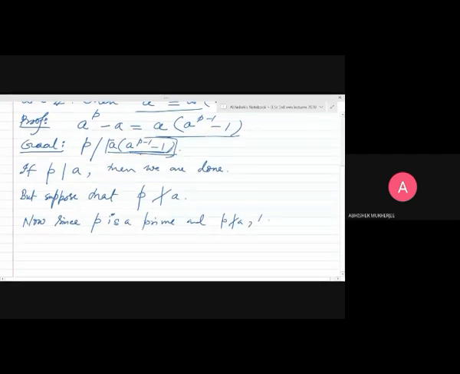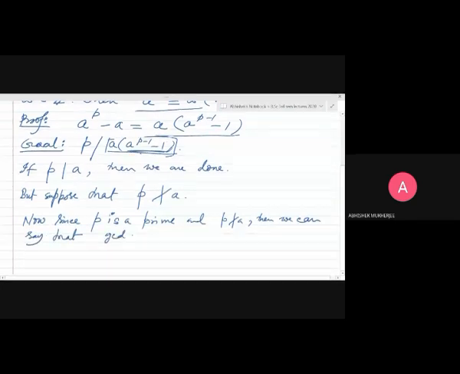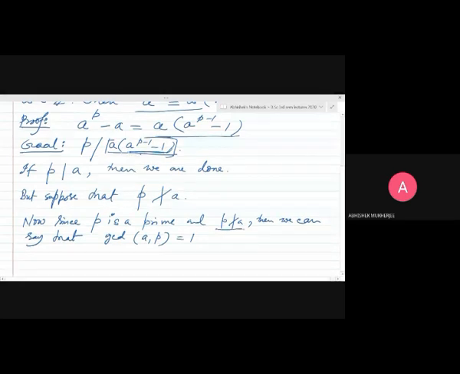We can say that GCD of a, p is 1. Since p is a prime and p does not divide a, their GCD must be 1. This is a simple observation, right?